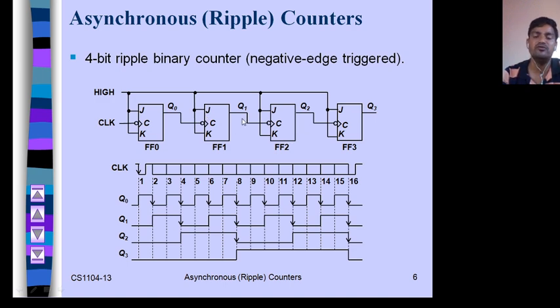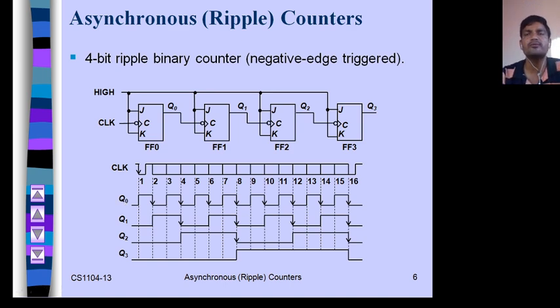And you again have to remember, we are applying the clock pulse here, so this is the LSB and the last output is the MSB. So Q3 is the MSB and Q0 is the LSB. You have to remember.